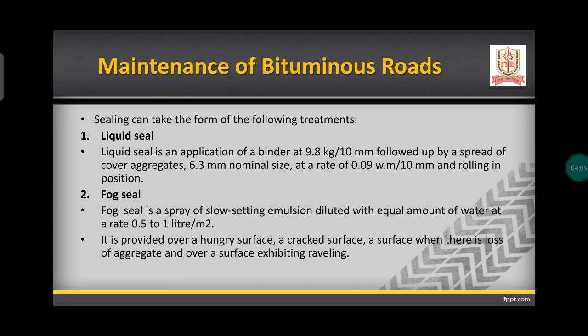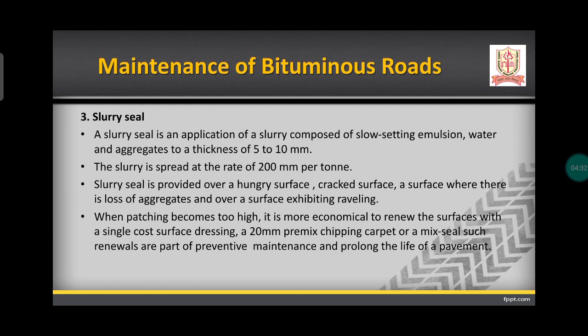It means that if the aggregate is removed, the sealing material is also removed. If the level of the road is good, we can simply place the fog seal so that water does not accumulate or percolate under it.